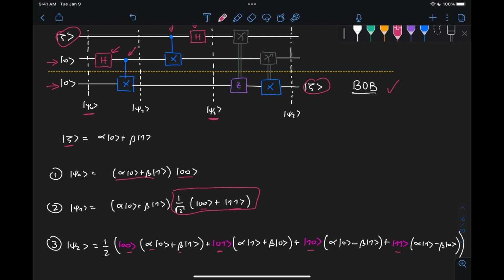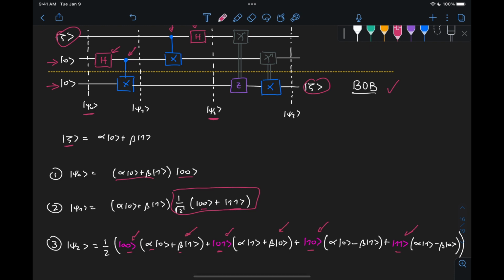And as we can see here, what Alice has is state 0, 0, state 0, 1, or state 1, 0, or state 1, 1, right? And in a superposition with a state that Bob has that resembles very much the state zeta that we want to transfer, except that in this case it is identical.